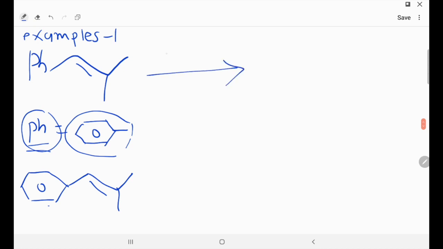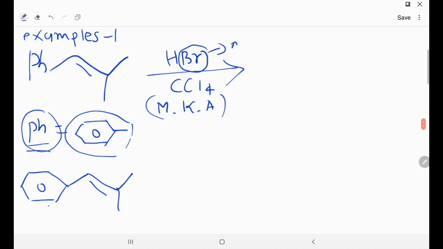Now you want to add HBr in the presence of CCl4. So dear students, what will happen here? You have to do Markovnikov addition. You will add this Br on the most stable carbocation.